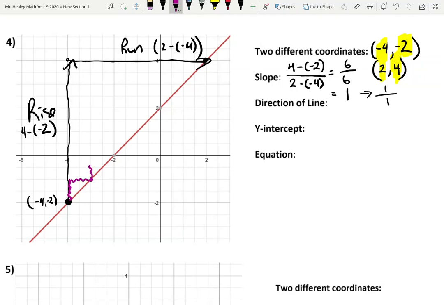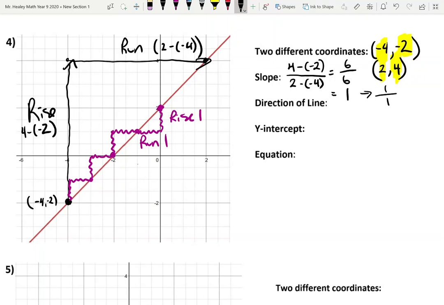Rise 1, run 1. That works. Or if you want, you can rise 6, run 6.